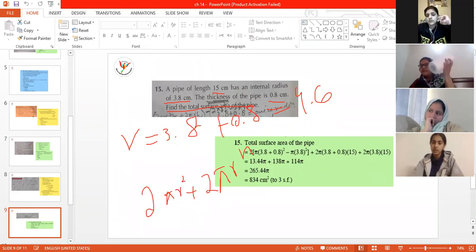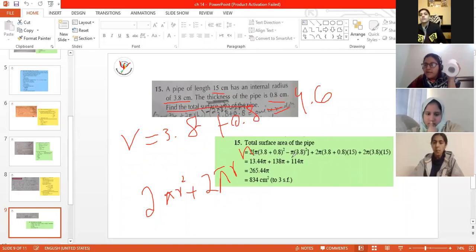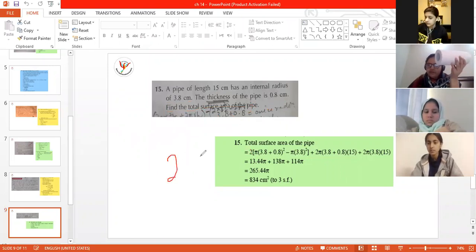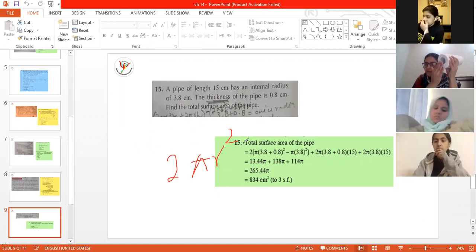That's why I am taking the example of this tissue roll, because this is a hollow cylinder, a hollow pipe. Now see this. He has taken the formula of 2 pi r square minus 2 pi r square. If I am talking about this hollow shaped pipe, the one thing is 2 pi r square, which is the whole surface area. 2 pi r square, the radius will be 4.6.